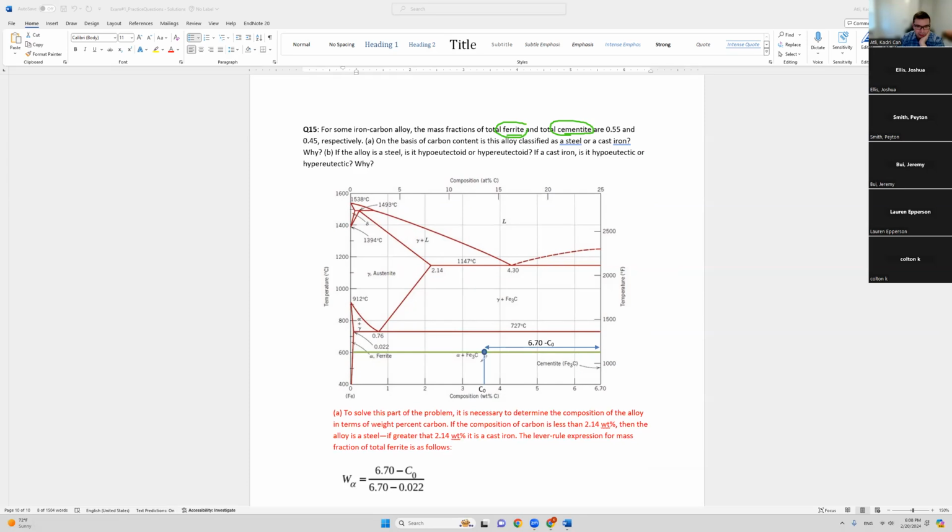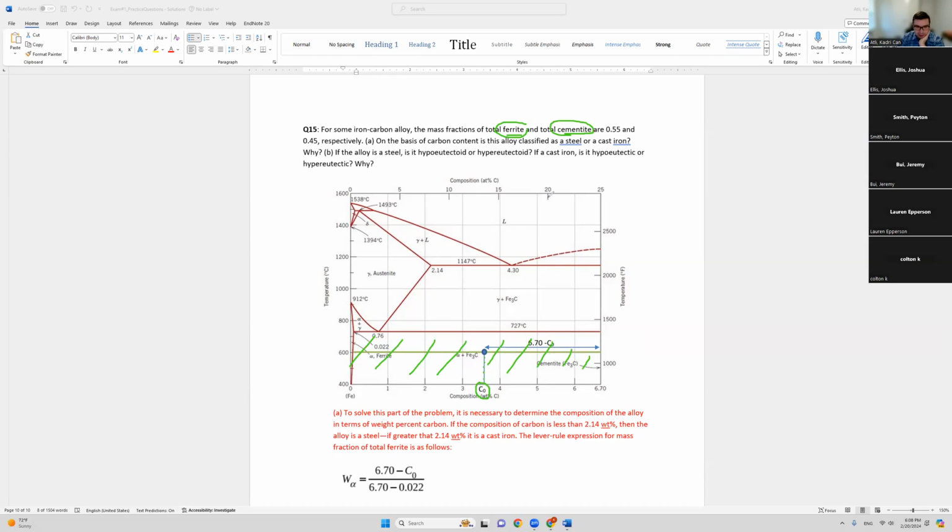If I look at this phase diagram, the region where I have ferrite and cementite is this region. So I need to pick a point somewhere in this region. I pick an arbitrary point. You can pick this C0 anywhere you want.